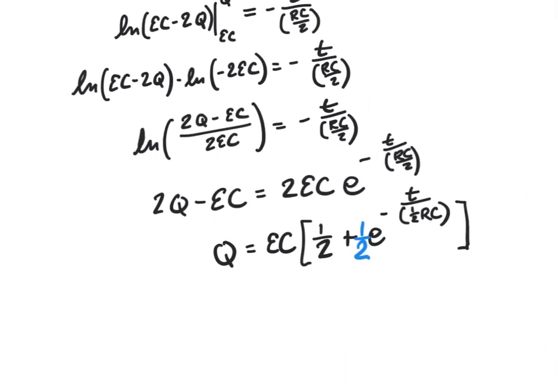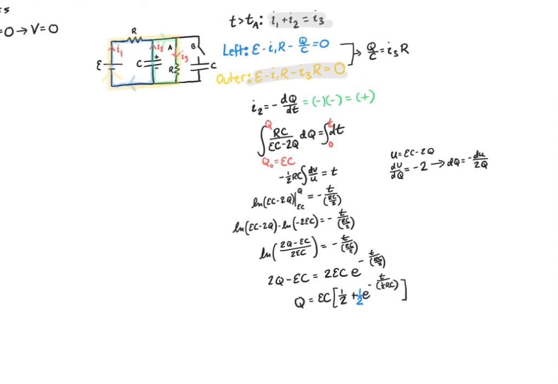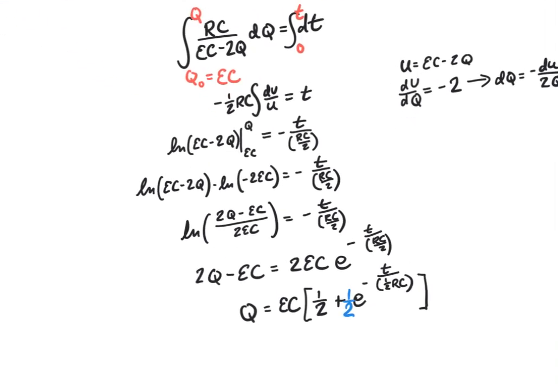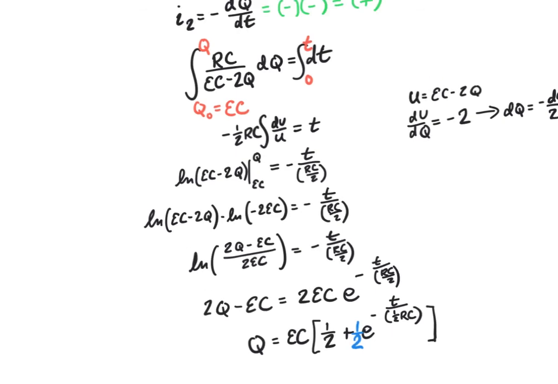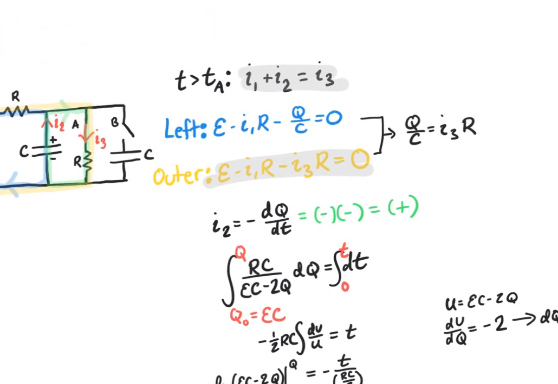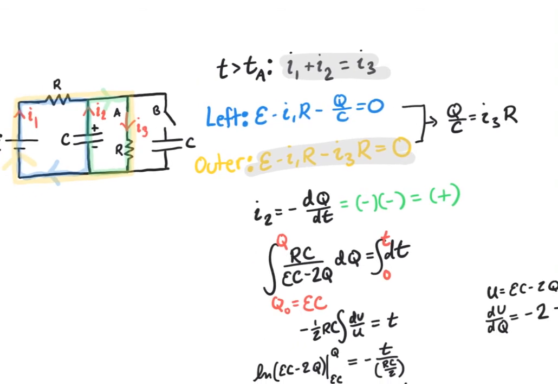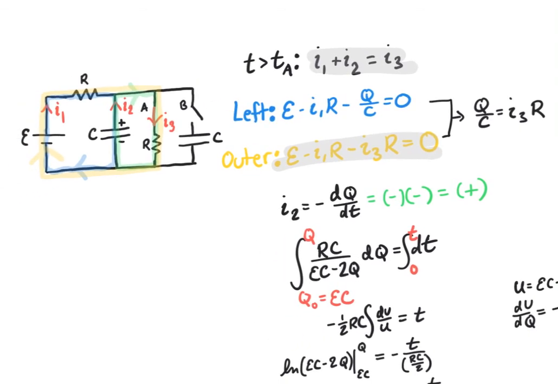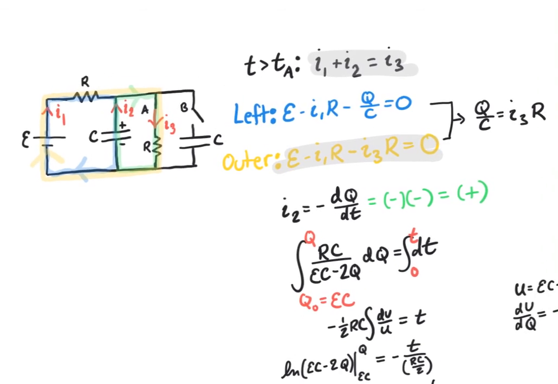In these kinds of problems, you'll note that the procedure for solving them is essentially always the same. You set up your junction and loop rules, you solve your system of equations until you're left with only one unknown. With an RC circuit, typically what that means is isolating your charge.